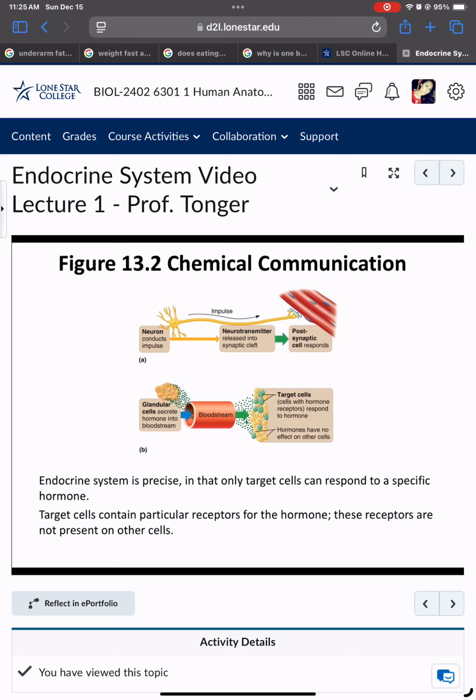They're going to work specifically only on these green cells and not on these yellow cells. That is why the endocrine system is very precise in that it only targets the target cells, and only target cells can respond to a specific hormone. Target cells also contain particular receptors for the hormone, like I said, and these receptors are not present in any other cell.